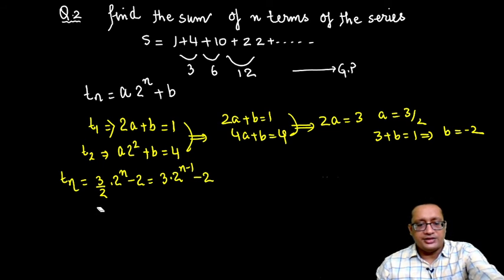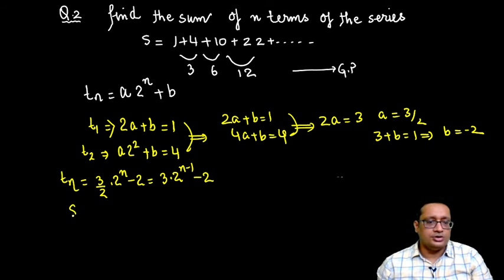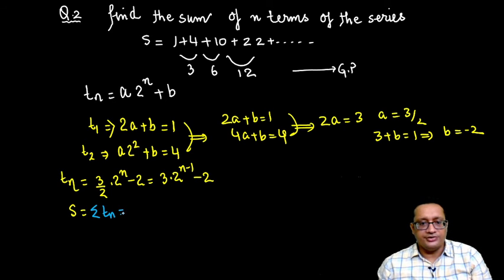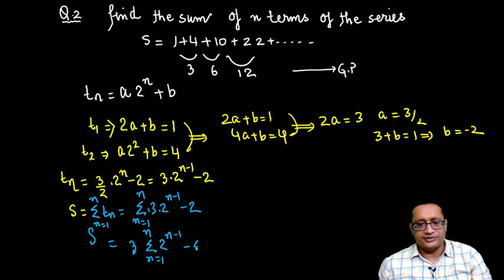Now I am finding the sum of n terms. S is equal to sigma Tn, which means sigma of 3 into 2 to the power n minus 1 minus 2, n from 1 to n. So S becomes 3 outside, sigma of 2 to the power n minus 1 minus sigma of 2, n from 1 to n.